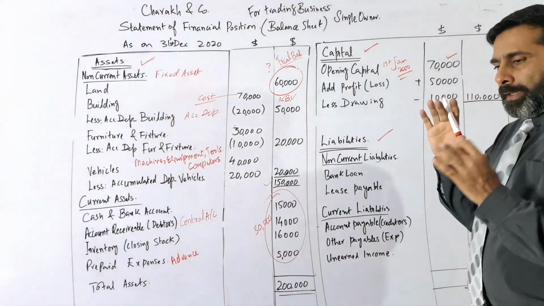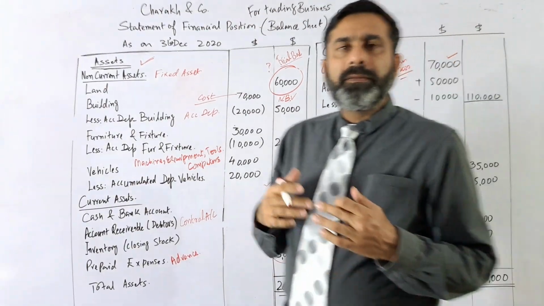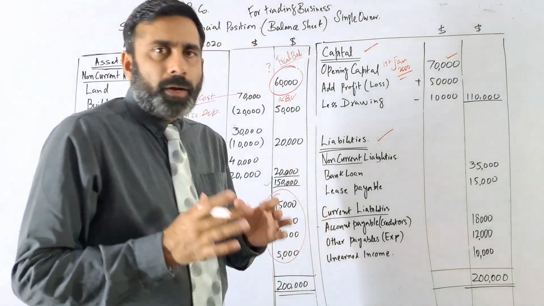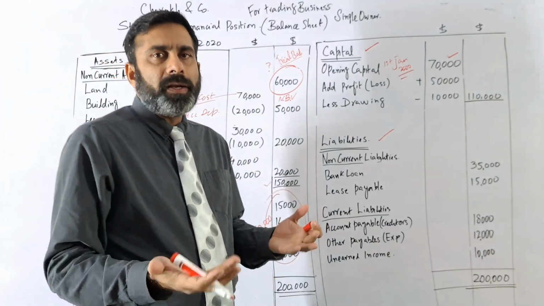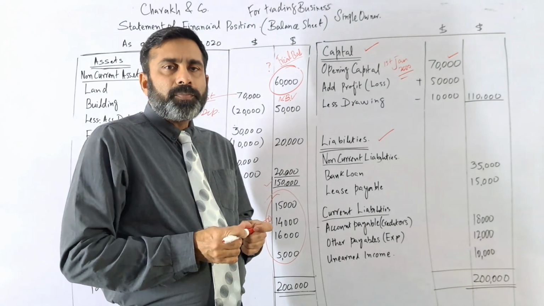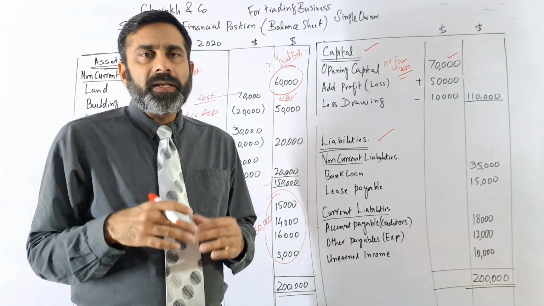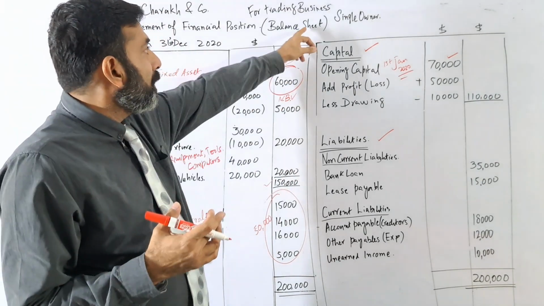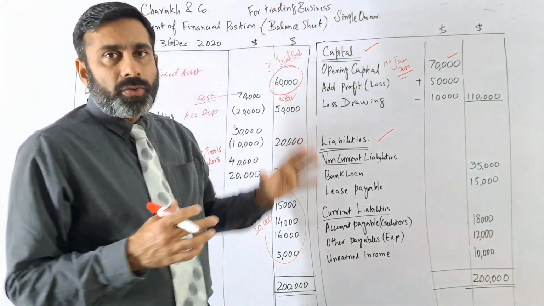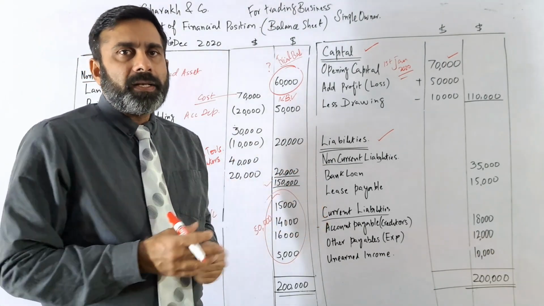Then any profit in the business will increase the capital. Obviously, why are we doing the business? To earn the profit. So if there is a profit, it will increase the capital, because all the profit is for the owner, and we are talking again about a single owner. So all the profit will go to the capital of the owner.